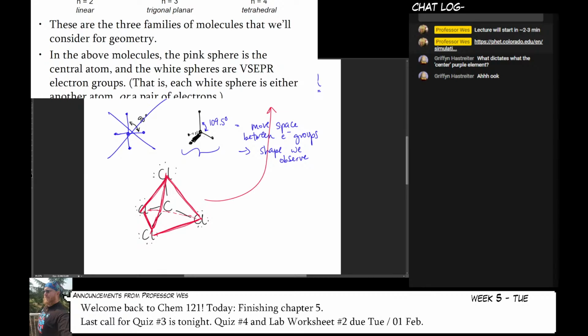So you might see both terms, but for our purposes, I believe your textbook calls it the VSEPR geometry. That's going to be relevant because in a moment, I am going to introduce you to molecular geometry, which is slightly different, and consider something else that we haven't really looked at yet.